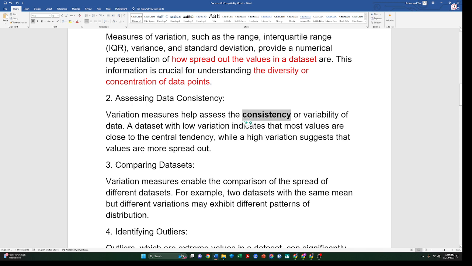Low variation indicates that most values are close to the central tendency, or close to the mean or median, while high variation suggests that values are more spread out. So they are far from the mean or the central tendency.